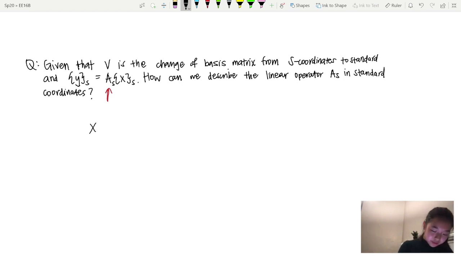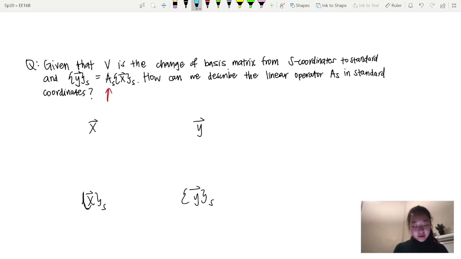So we have normal x, normal y, and I'm saying normal as in terms that they're in the standard basis, and then we also have x in the s basis and y in the s basis.